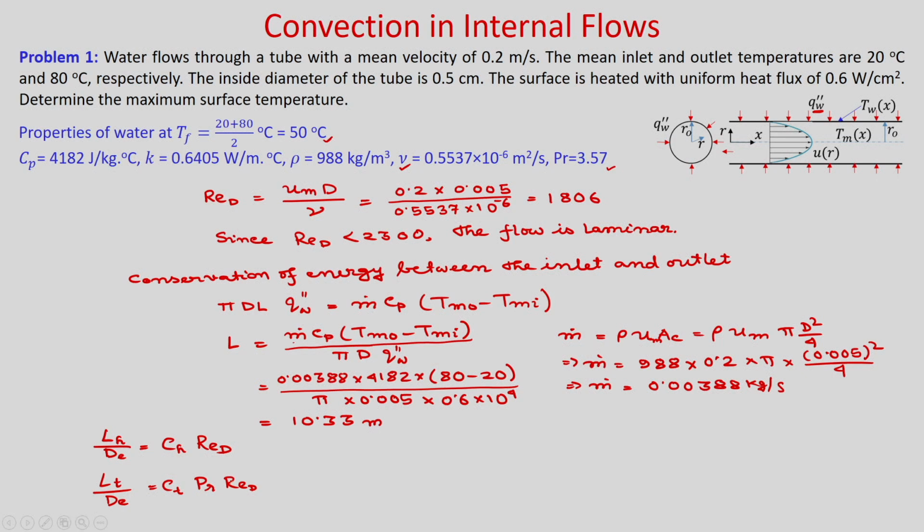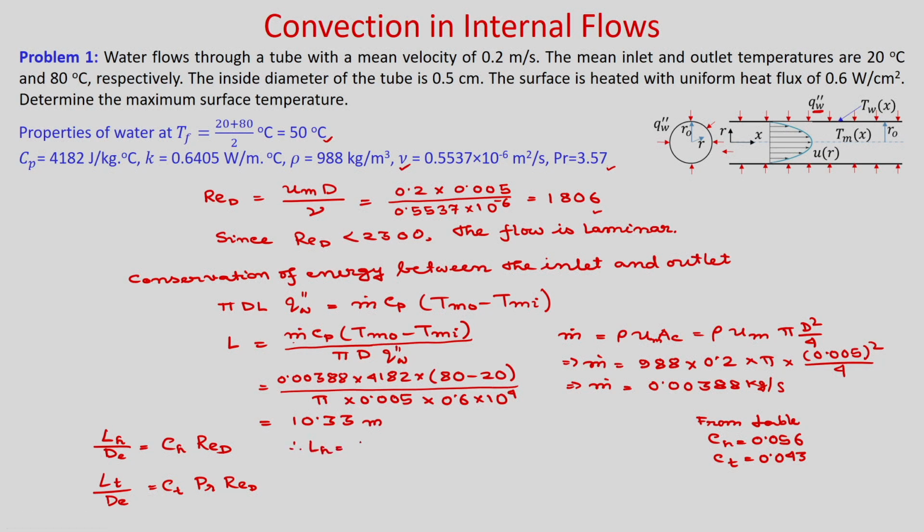So, you know that from table, that Ch, this coefficient, is 0.056 and Ct is 0.043 for this circular cross sectional pipe. So, if you put it here, Reynolds number is 1806, Prandtl number is 3.57. Let us calculate the LH.